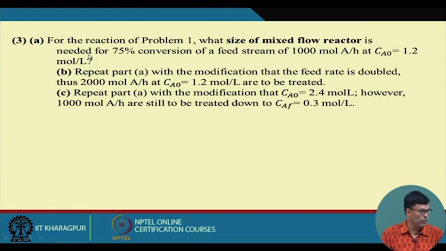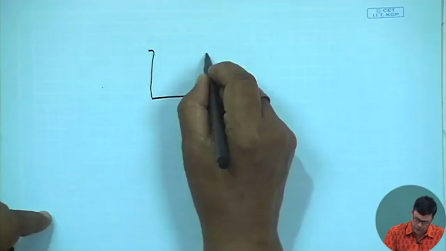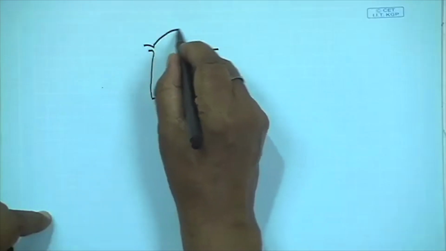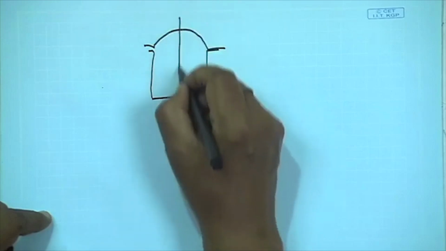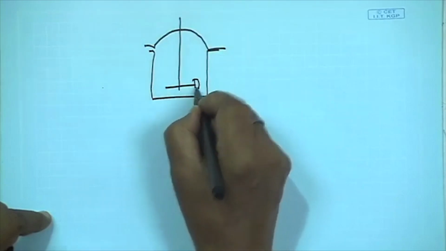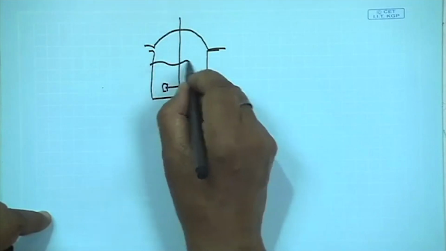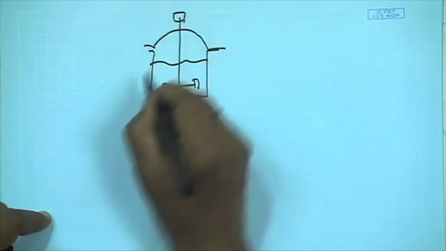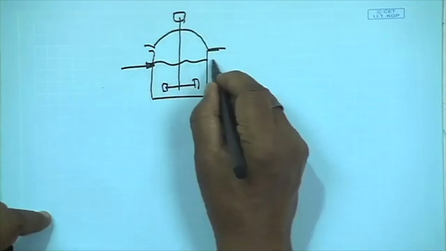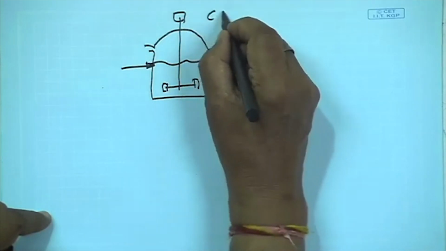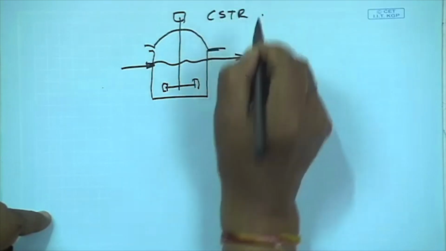So your reactor will be like this. Your continuous stirred tank reactor can be expressed like this. There will be continuous inflow and continuous outflow. This is CSTR. Am I right?